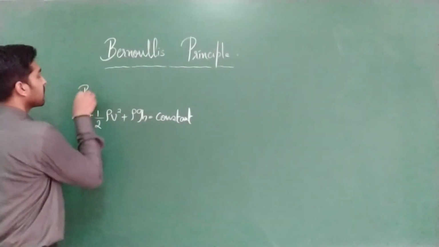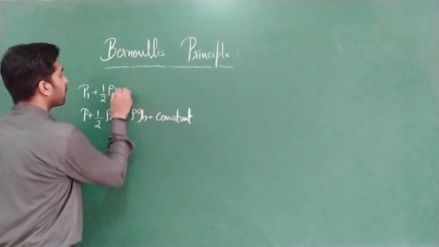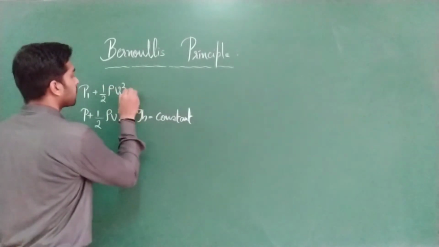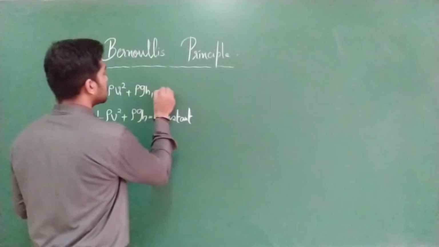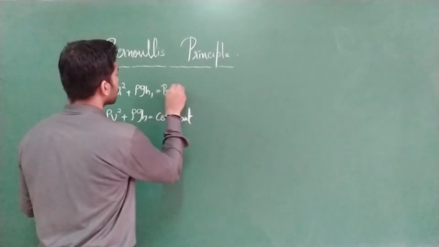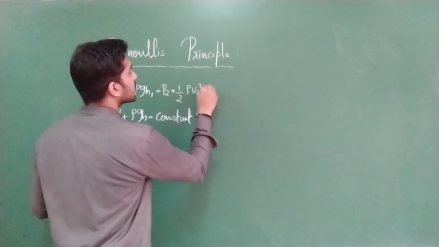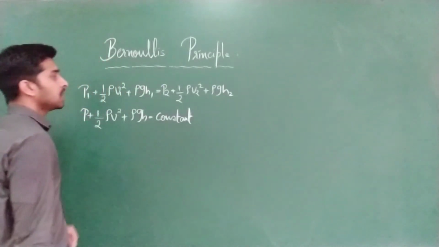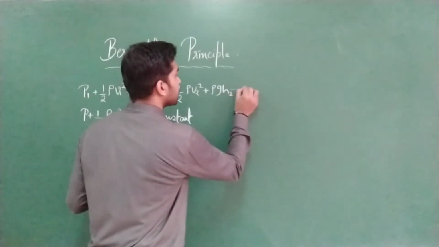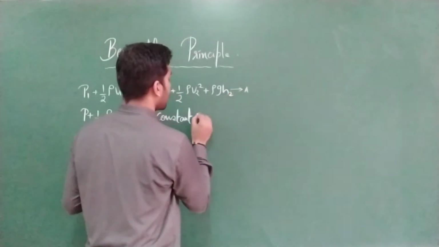What is that? P1 plus half rho V1 square plus rho GH1 is equal to P2 plus half rho V2 square plus rho GH2. Okay? So let us call these equation A and equation B.